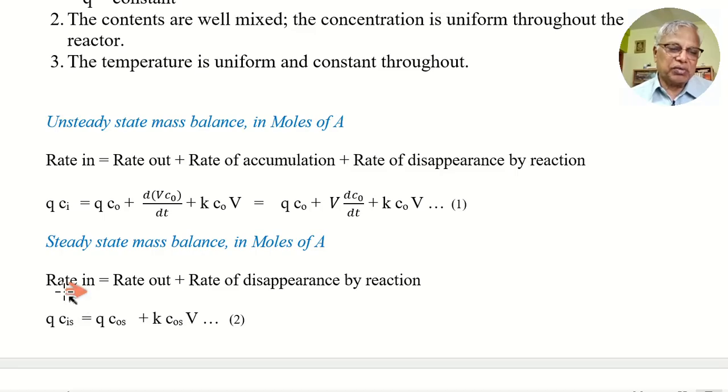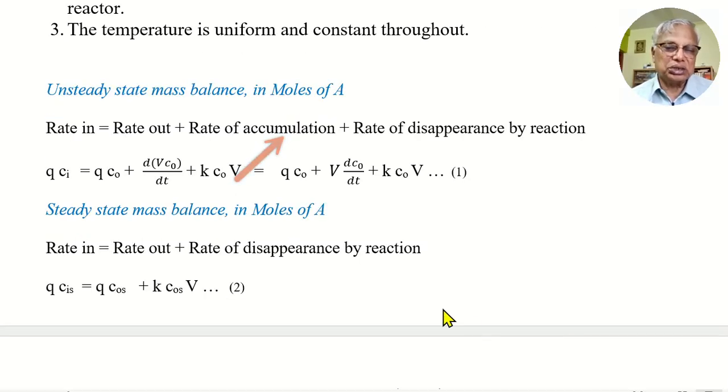In the same way, the rate of moles of A in is this, the rate of moles of A out is Q into C naught S, and the rate of disappearance by reaction is this. At steady state there is no accumulation. This is the steady state equation, number 2.